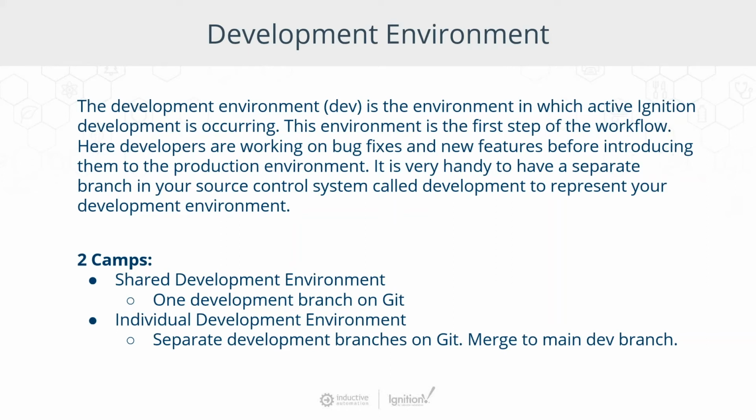If you will, from a source control system, developers would have their own branch on that, and there would still be a main development branch that they would merge their changes into that then would get brought into, say, testing or into the next piece of the workflow. So I think it's really important when looking at the development environment to figure out how you want to approach it. And having that being separate from testing is a good recommendation there.